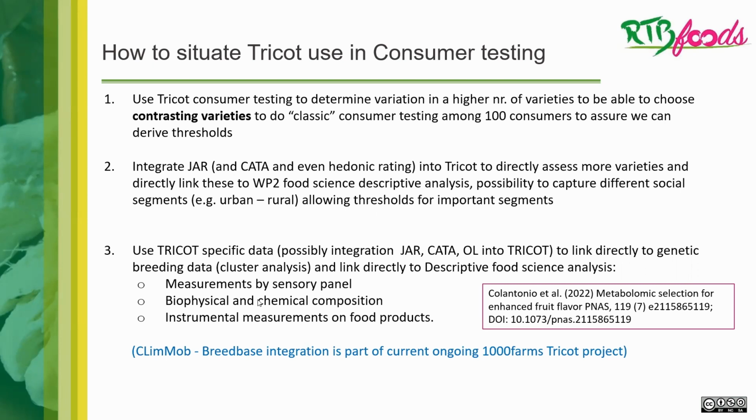It has to be mentioned that climate or breed-based integration was also explicitly part of the ongoing 1,000 Farms TRICOT project, so that those data sets can be more easily integrated with breeding data, climate data, etc.